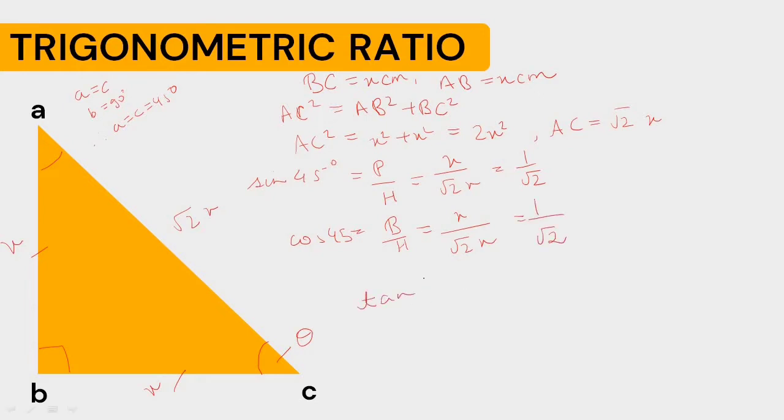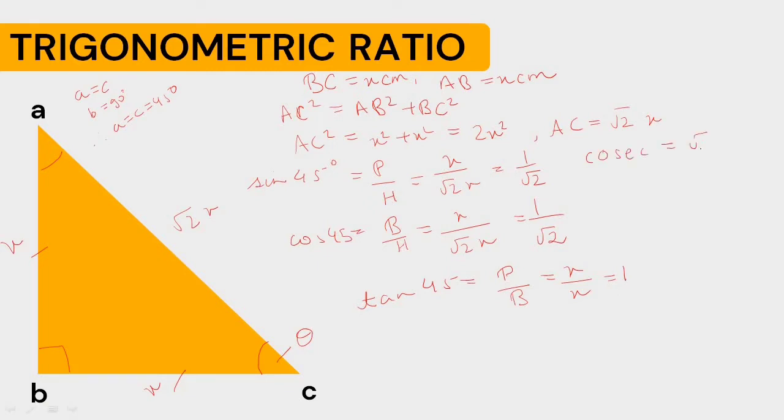Last one is tan 45, which is perpendicular upon base. Perpendicular here is x, base here is x, so it is 1. So these three values, sine 45, cos 45, and tan 45, we can find in this way. And we also know that the inverse of sine is cosec.